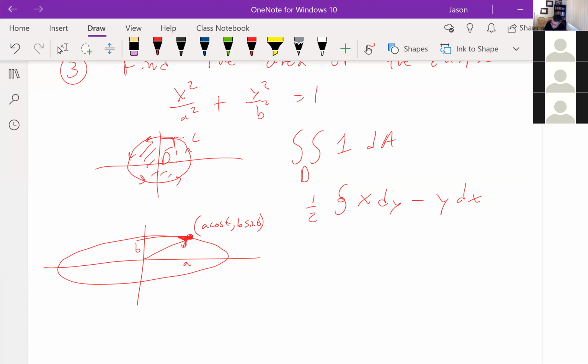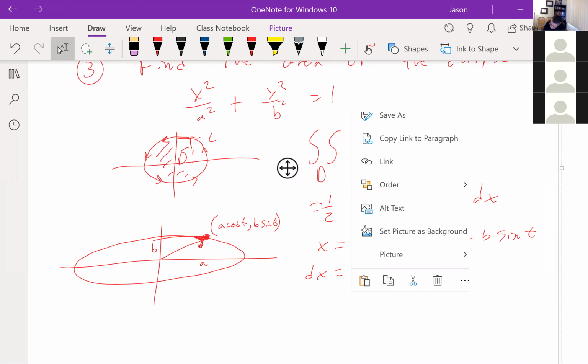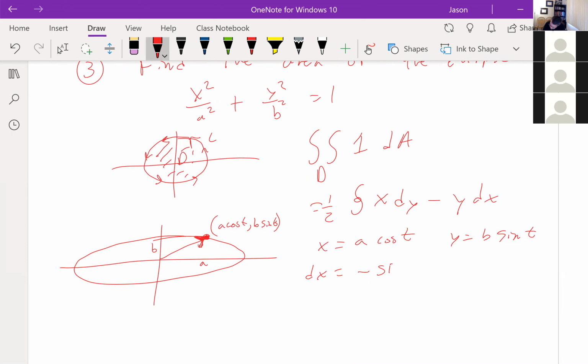So x would be equal to A cosine t, and y would be equal to B sine t. So what would dx be equal to? Well, that would just be negative A sine t. And then what would dy be? Well, dy would just be B cosine t.